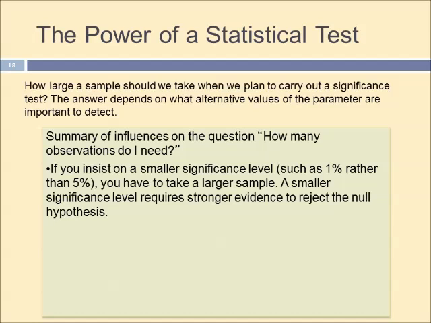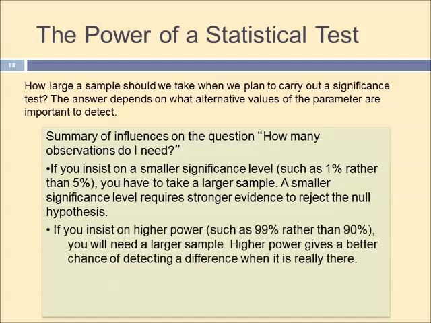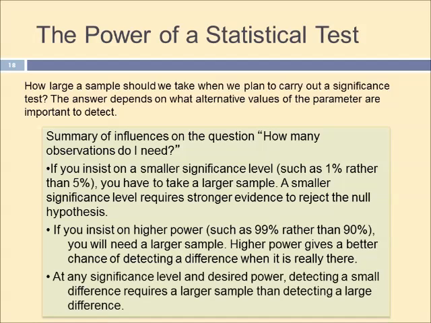A smaller significance level requires stronger evidence to reject the null hypothesis. If you insist on high power, you will need a larger sample. Higher power gives a better chance of detecting a difference when it is really there. At any significance level and desired power, detecting a small difference requires a larger sample than detecting a large difference.